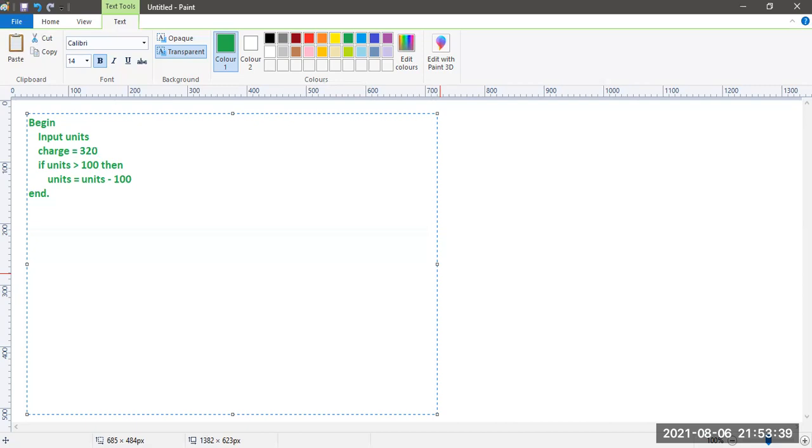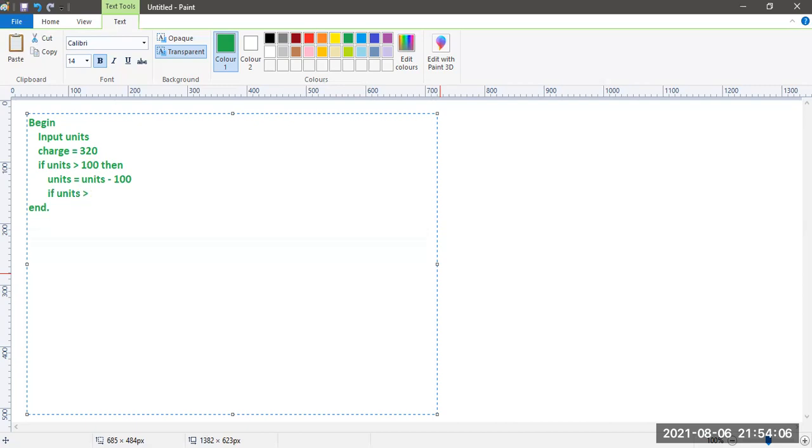Even if you use it or not, 320 will be charged. Now, if the units are greater than 100, you reduce 100 from there.